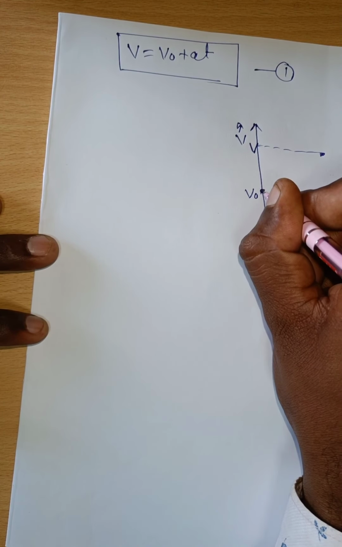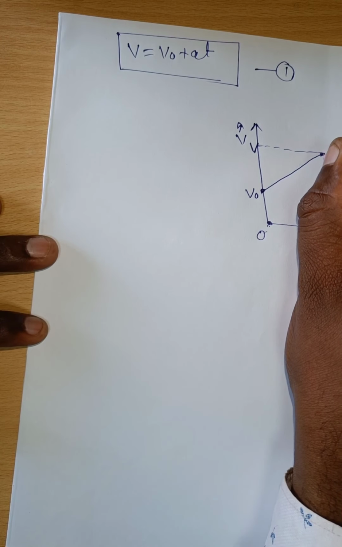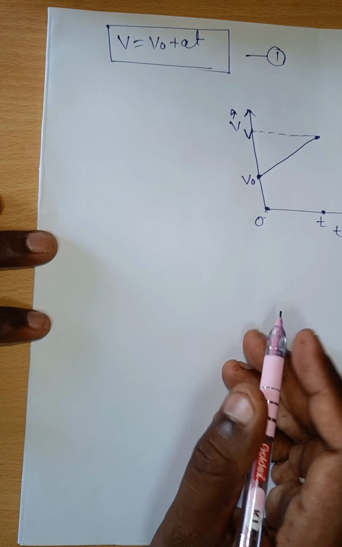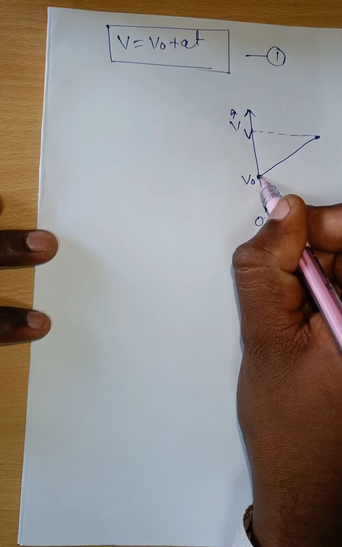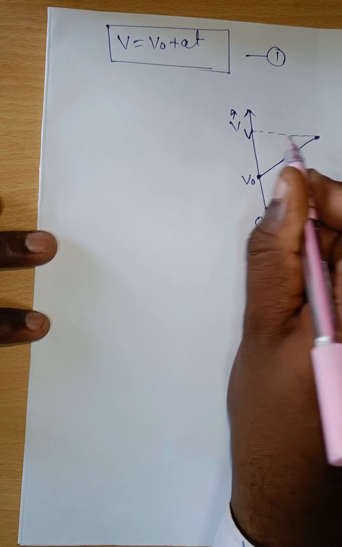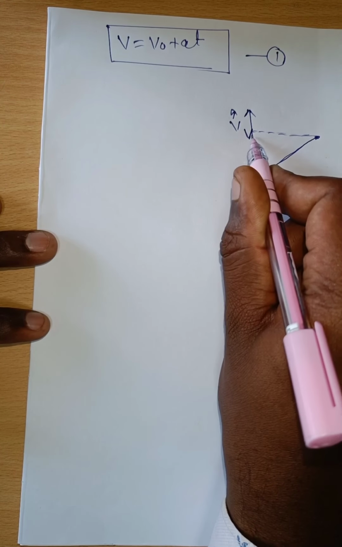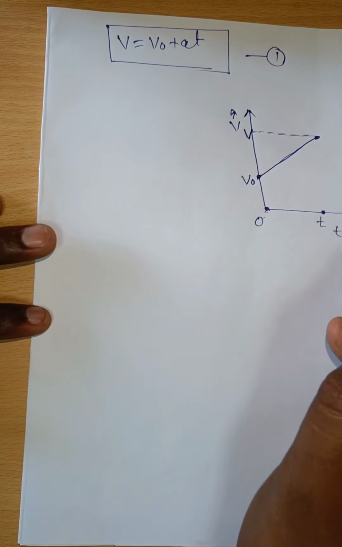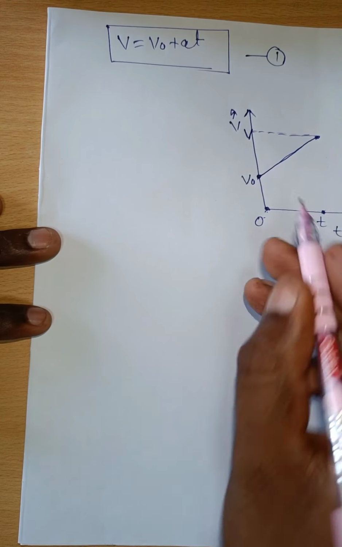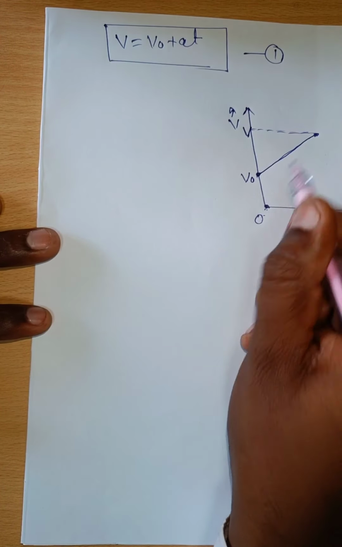This is the velocity graph, from here to here, and the dotted line shows the final velocity. Now we have to find out the area under the v-t curve.